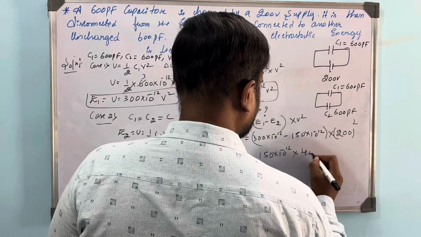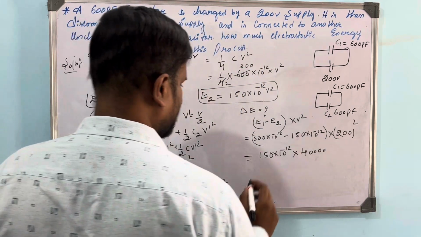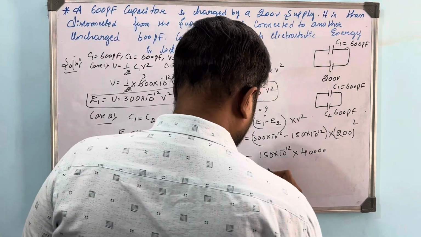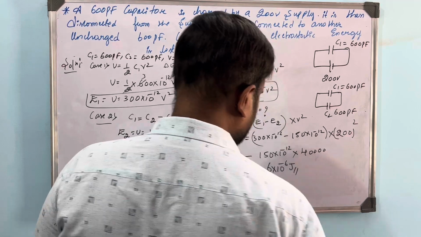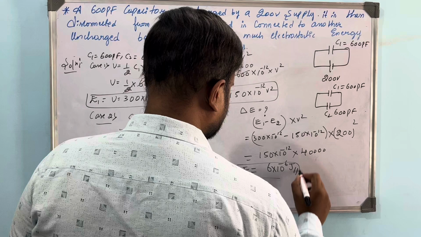What is V square? 200 square. So 300 minus 150 is 150 into 10 to the power of minus 12, into V square, which is 40,000. If you simplify this, finally you get 6 into 10 to the power of minus 6 joule. This is the required change in the energy.